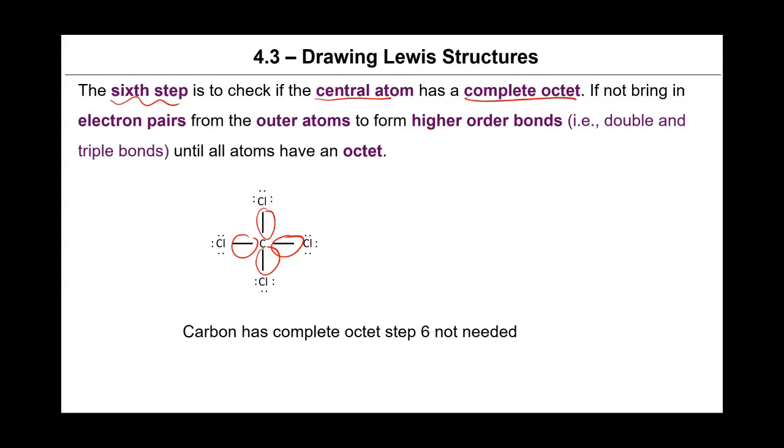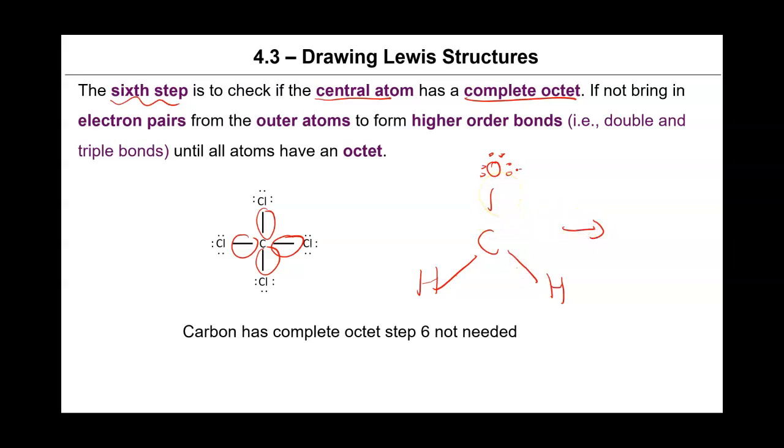Now, if we had a different scenario, say for example, something more like this, when we check whether the central carbon atom here has an octet, we see that it only has 2, 4, 6 electrons around it.